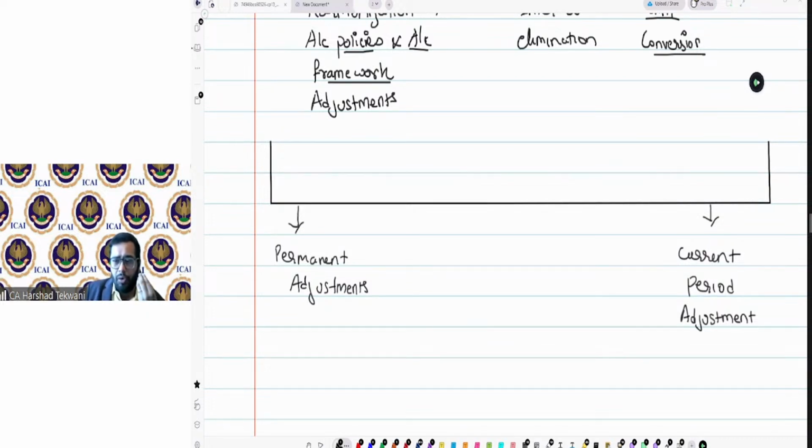You have unit 4 in DS 110, consolidation procedure of subsidiaries. You might have already seen some kind of permanent adjustments.